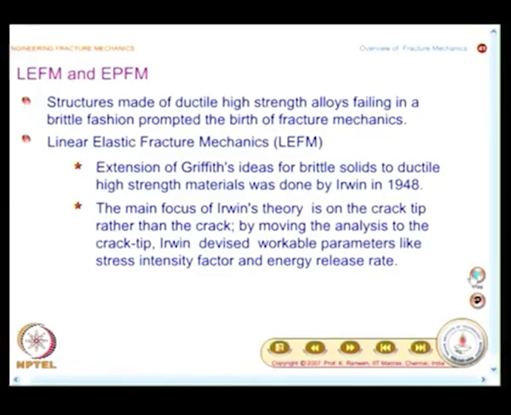All that comes from the contribution by Irwin. Just because he shifted the focus to the crack tip, we were able to get relatively convenient parameters, although stress intensity factors have very funny units. Leaving that apart, compared to what Griffith was trying to say, what Irwin said was easier for people to understand.